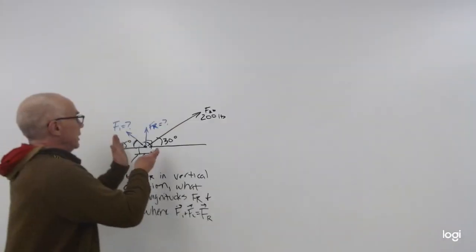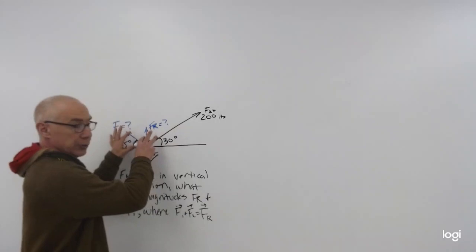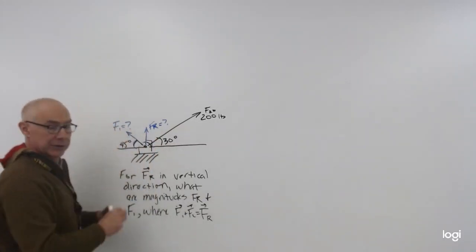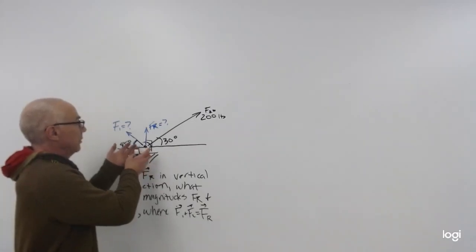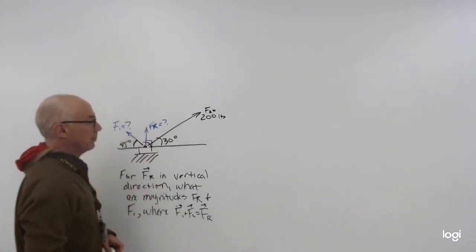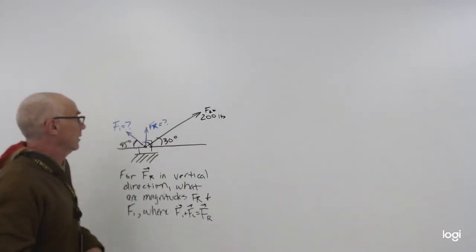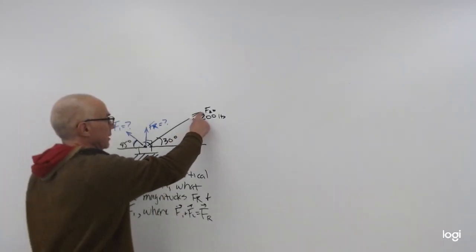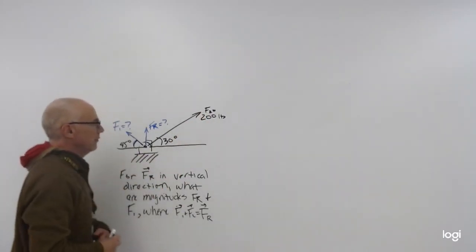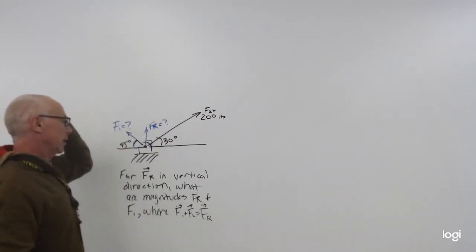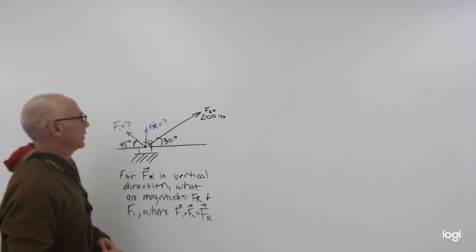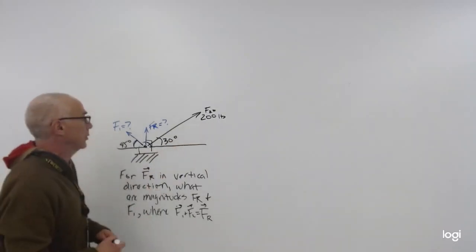I drew the resultant vector and our vector f1 in blue because we don't actually know their magnitudes. In other words, we don't know how far up the page they're going to go. So let's start here at the head of f sub 2, which is 30 degrees from horizontal and which we know to be 200 pounds.